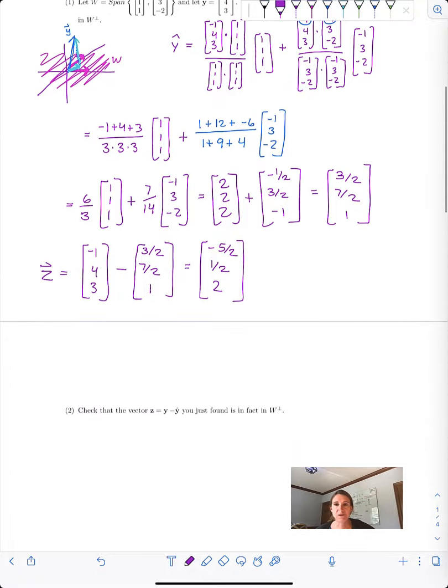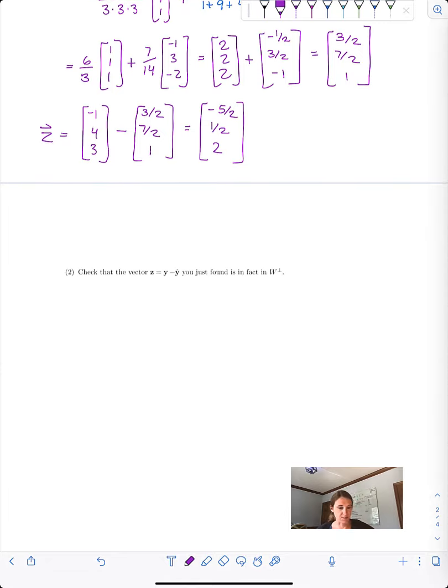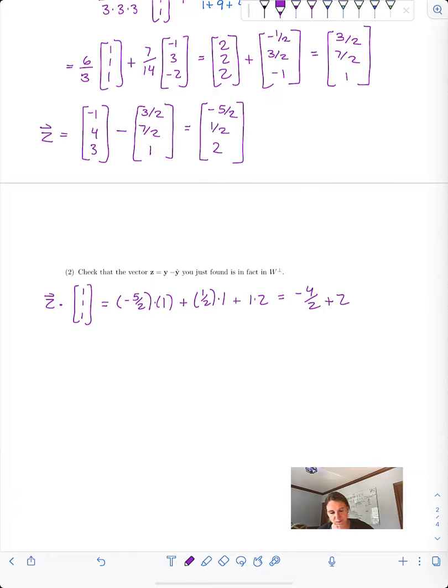Now, our next question asks us to show that this vector is in W perp. To do that, we need to check that the dot product of our new vector with each of our old vectors is in fact 0. For the first one, we get negative 5/2 times 1 plus 1/2 times 1 plus 1 times 2, which is negative 4/2 plus 2, which is 0.